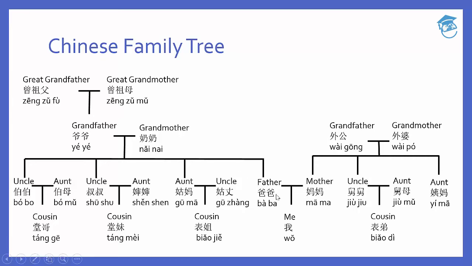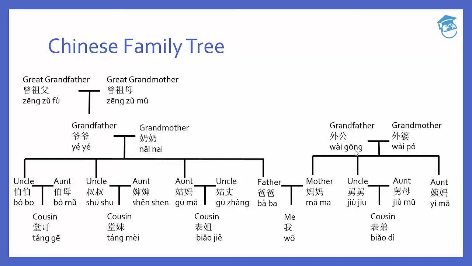Let's go to the maternal side. For my mother's father, grandfather, we call him 外公. And for maternal grandmother, we call her 外婆. You can see why: these grandparents do not share the same family name.